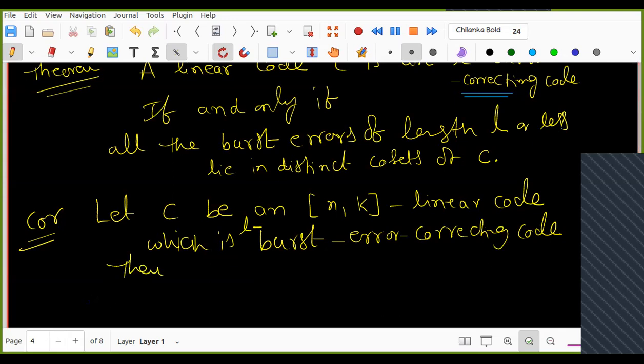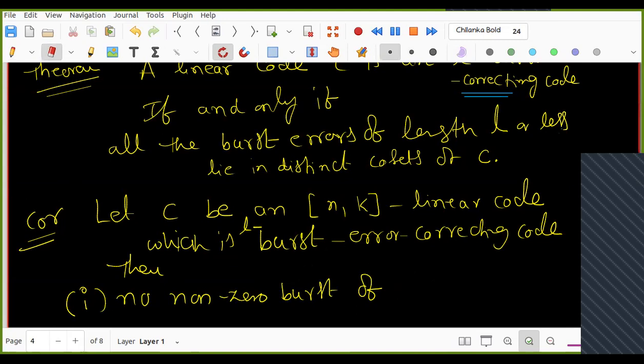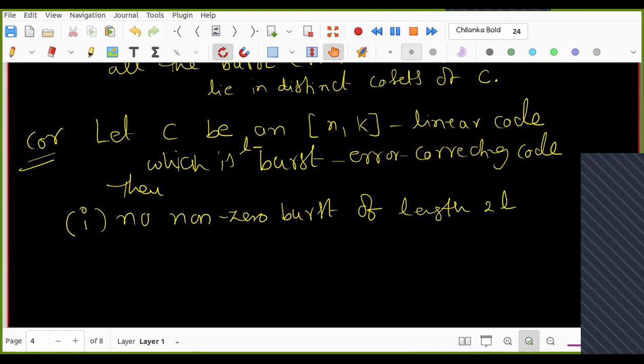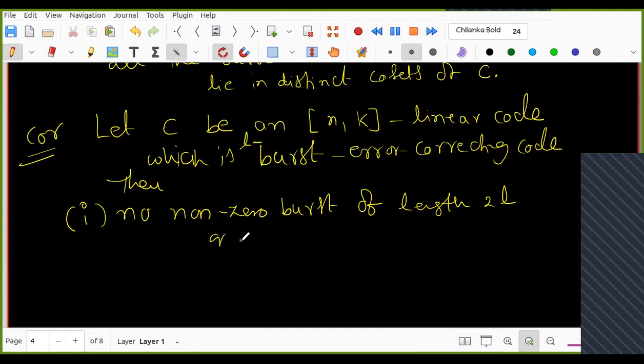Then what is going to happen? Okay. First one is that no non-zero burst of length 2L or less can be a code word.